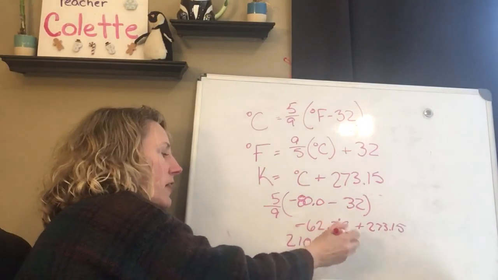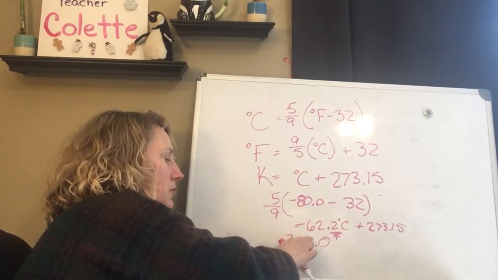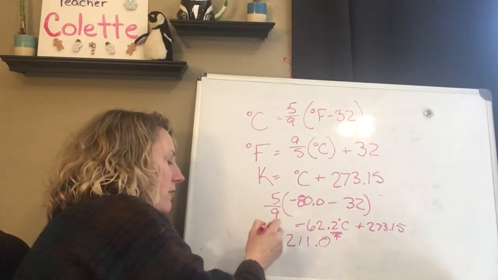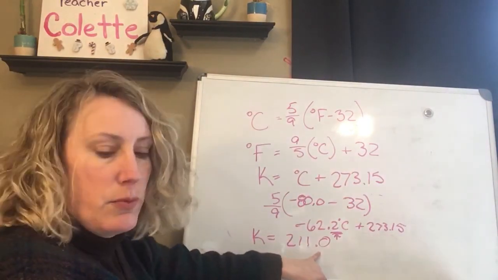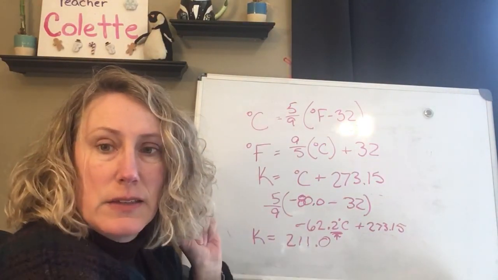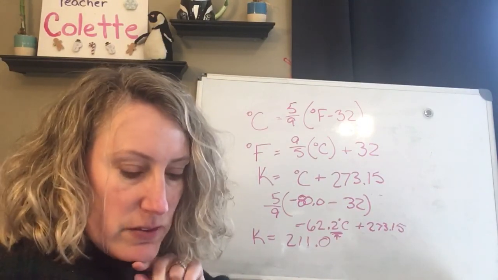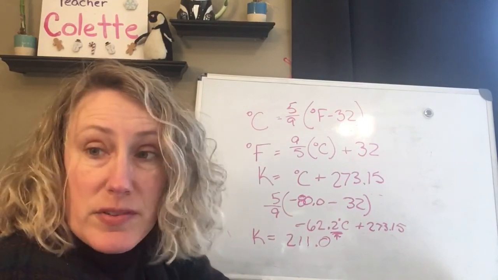If this is 9.5, it's going to round this up to a 0, which rounds this up to a 1. So the coldest temperature ever in America is still 211.0 K. So sounds balmy, but it's not. It's very cold. Even very, very cold temperatures are big numbers in the Kelvin scale.